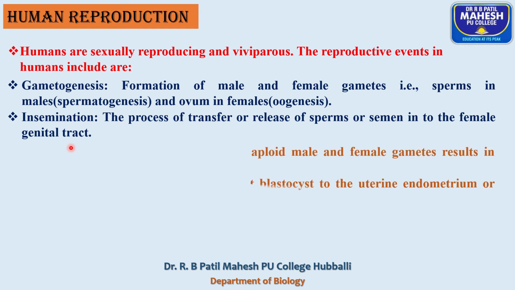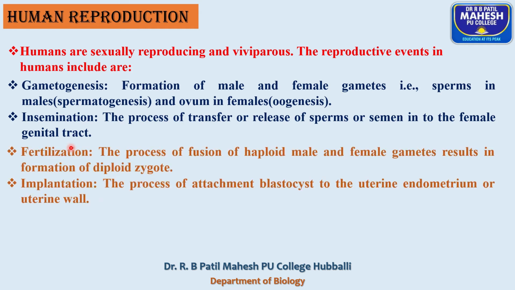The third reproductive event is fertilization. Once the male gametes are released into the female genital tract, with the help of vibratile movement of the tail, the sperm reaches the site of fertilization where it comes in contact with the female gamete. Finally, the male gamete fuses with the female gamete, which results in the formation of a diploid zygote.